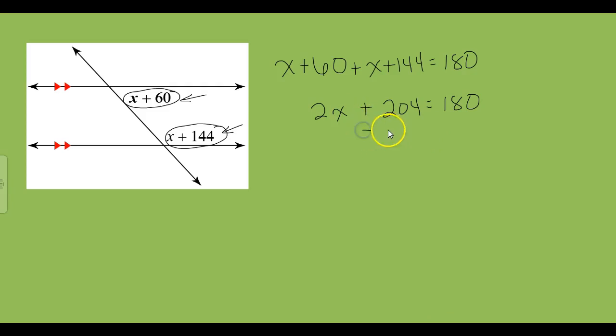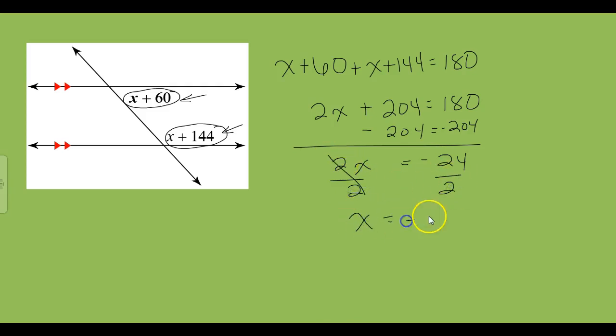I subtract 204 from both sides, and 2x is equal to negative 24. When I divide both sides by 2, I get x equals negative 12.